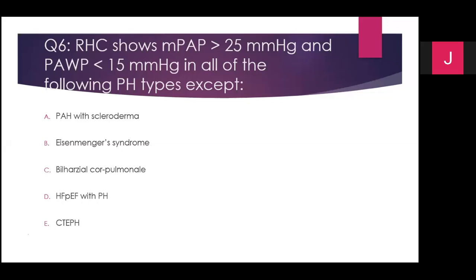So we have a high pulmonary arterial pressure with low pulmonary artery wedge pressure. So I think that D is the exception. Okay, so we have a high mean pulmonary artery pressure with a low pulmonary artery wedge pressure.